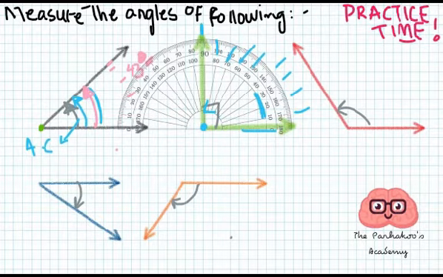So this is the 90-degree angle, and we have a special sign for the 90-degree angle, which is this square on the corner. So this is the 90-degree angle.